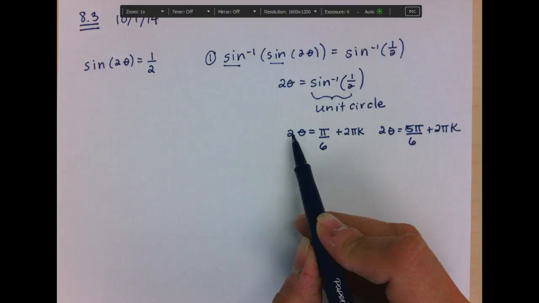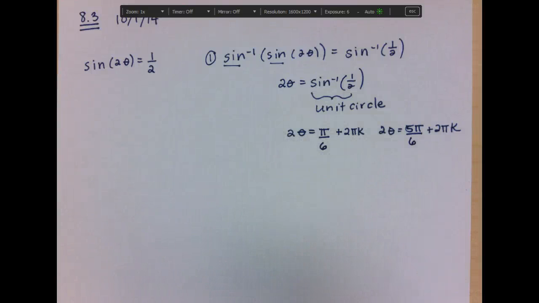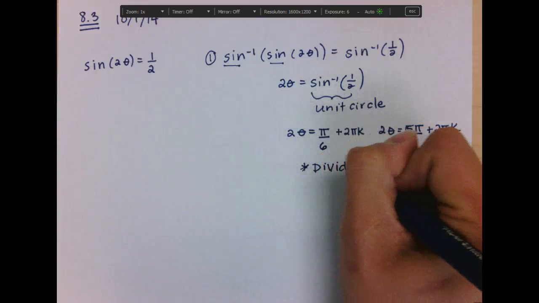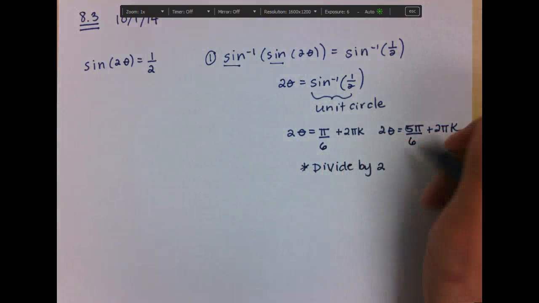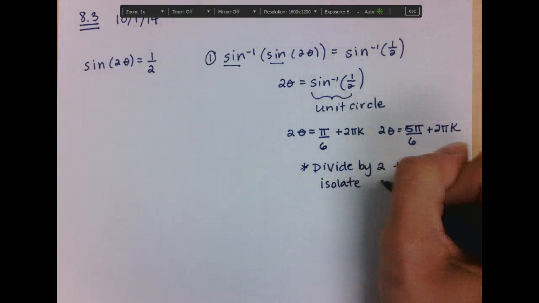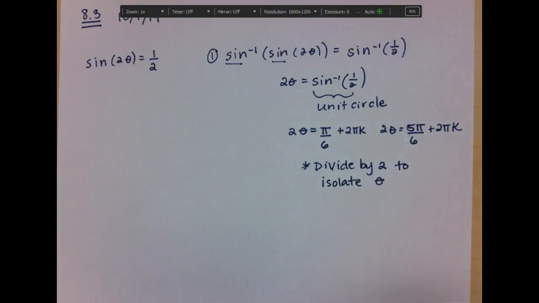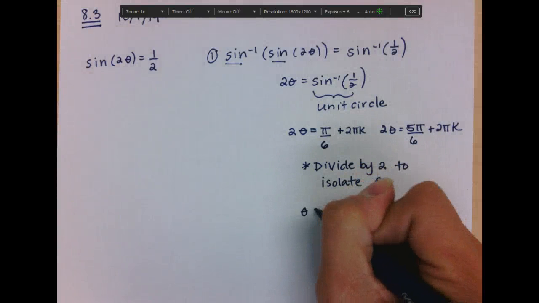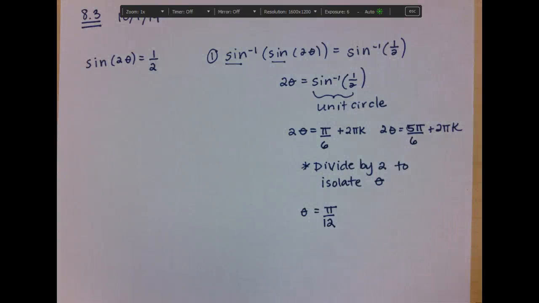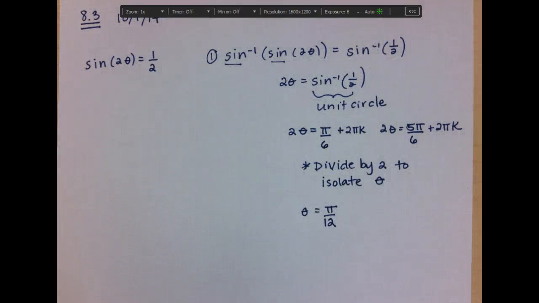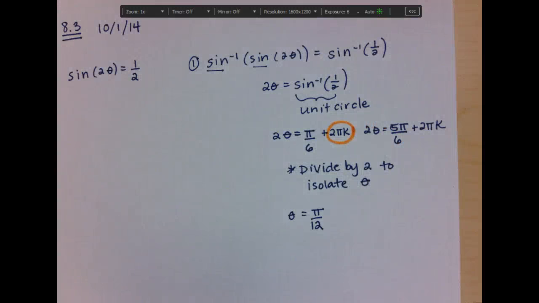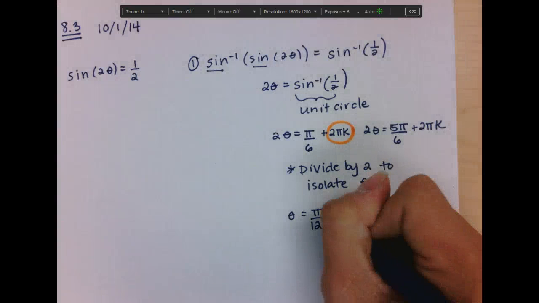But the error that I had made that I didn't notice was that we are solving for theta here, and what we have is 2 theta. So what we need to do is divide both sides of the equation by 2 in order to isolate that theta. With the first equation, we get theta equals pi over 12, which was our answer in class. But this period here also needs to be divided by 2.